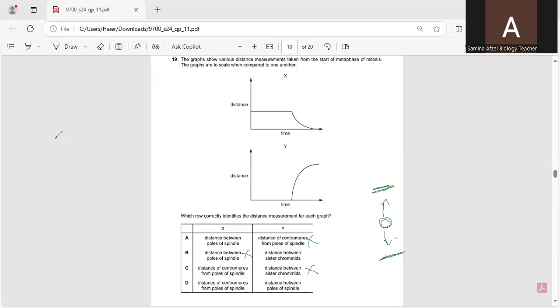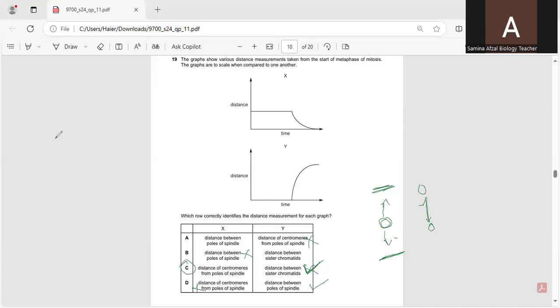So this is the correct distance between sister chromatids. When they move towards the opposite poles, the distance between the poles is decreased, and the distance between sister chromatids is increased. C is the correct option.